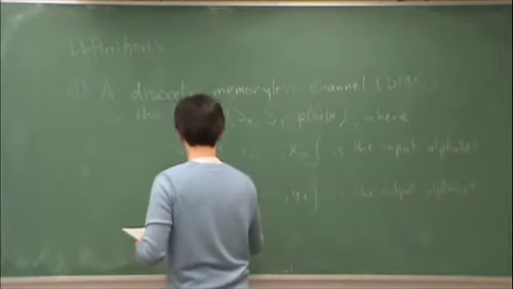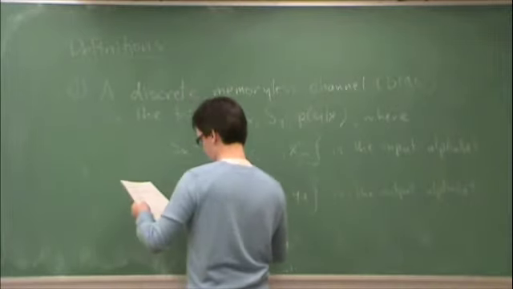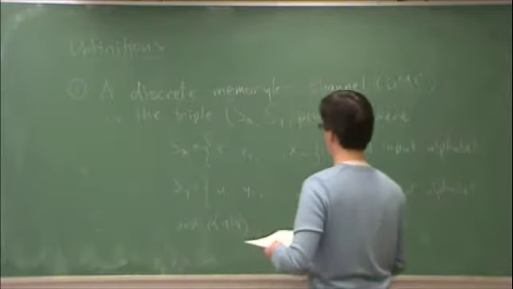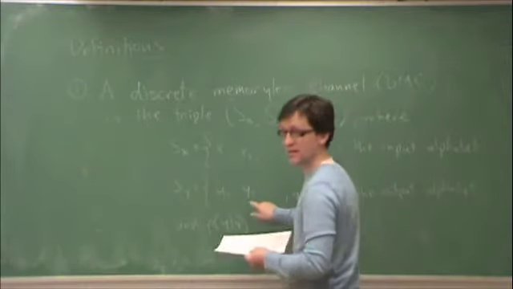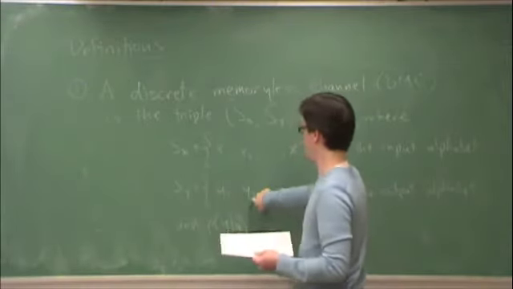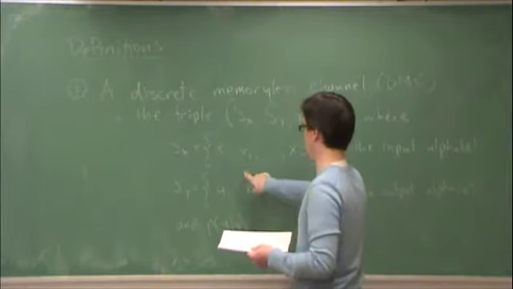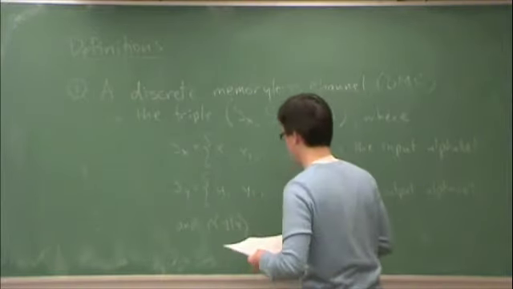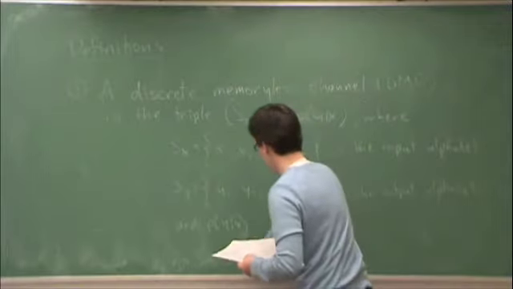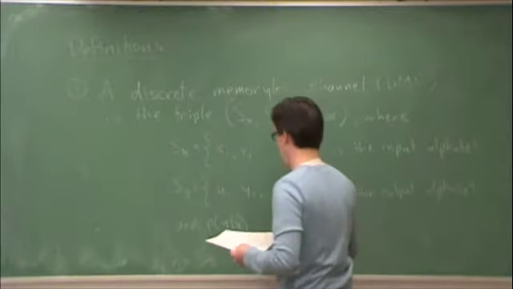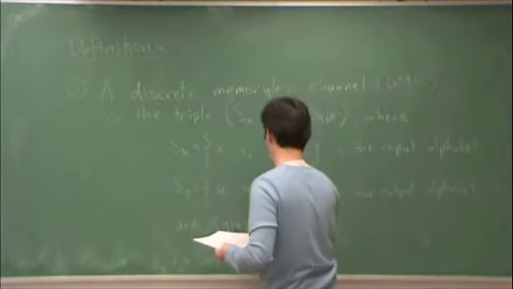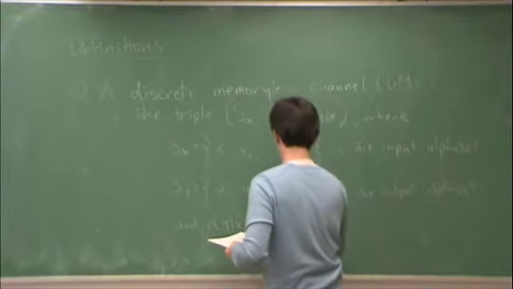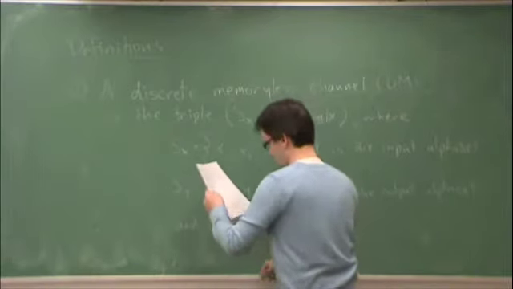And P of y given x is the probability of observing a certain y at the output, given that a certain x was provided at the input. So in other words, P y given x is a function from Sx to Sy.